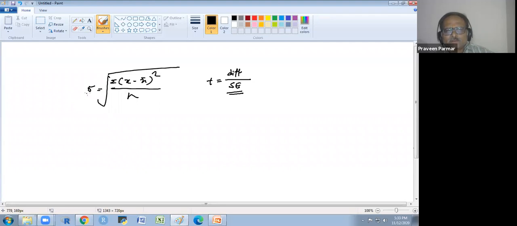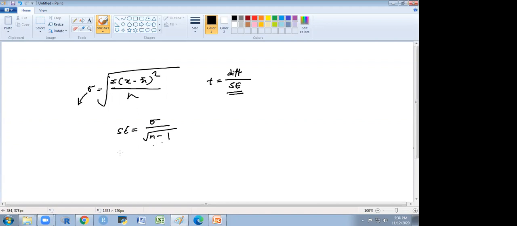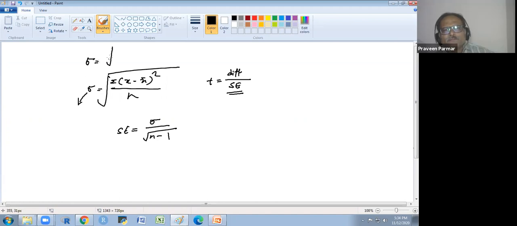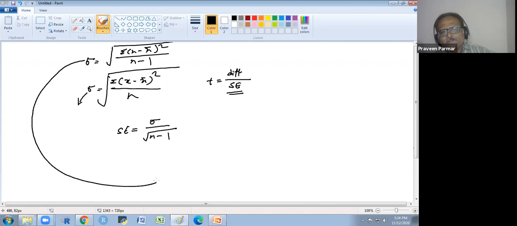If you have this sample SD, then the standard error is measured in this way. If you have found it in this way, with this SD, then we will have a standard error.